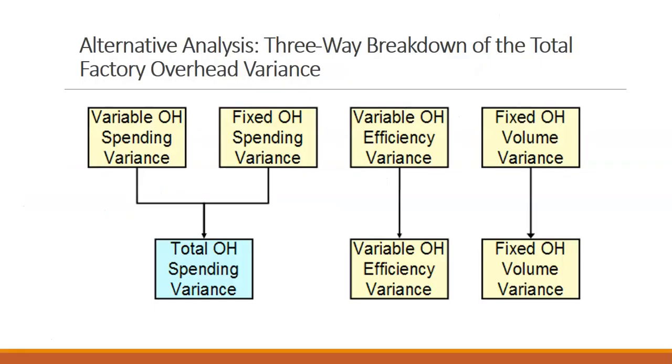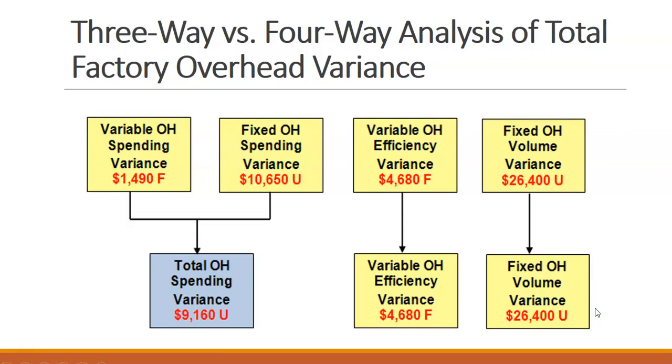This is just another way to look at that same exact information. So the 4-way level is the top level. And then we break it down to the 3-way level: the total overhead spending variance, the variable overhead efficiency variance, and the fixed overhead volume variance. We see the amounts here.